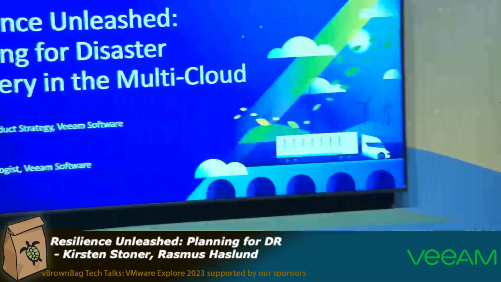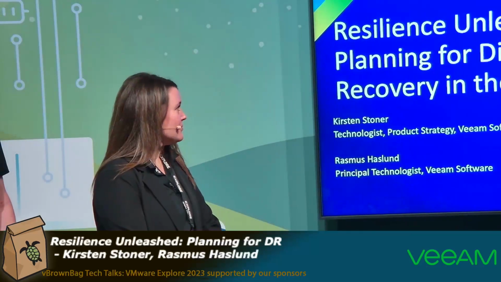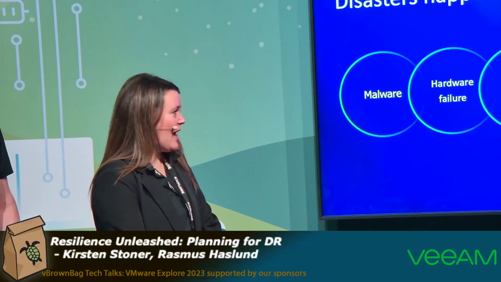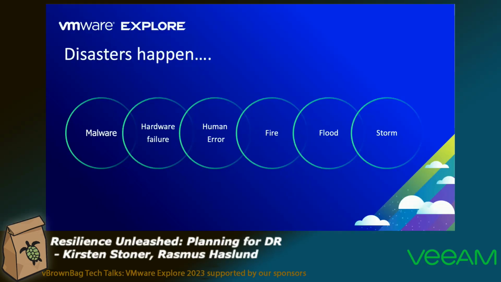Today we're talking about planning disaster recovery in the multi-cloud. Disasters happen, and there are a couple of different types. You have natural disasters: fire, flood, storm. Then you have maintenance disasters: hardware failure, human error. No one's perfect. We all make mistakes.